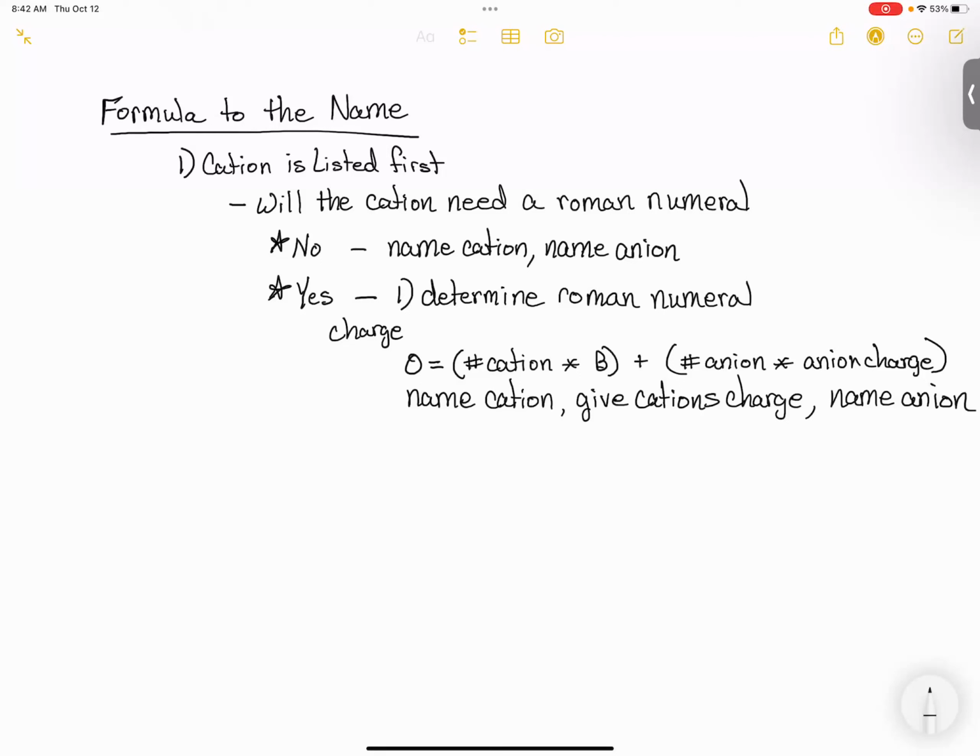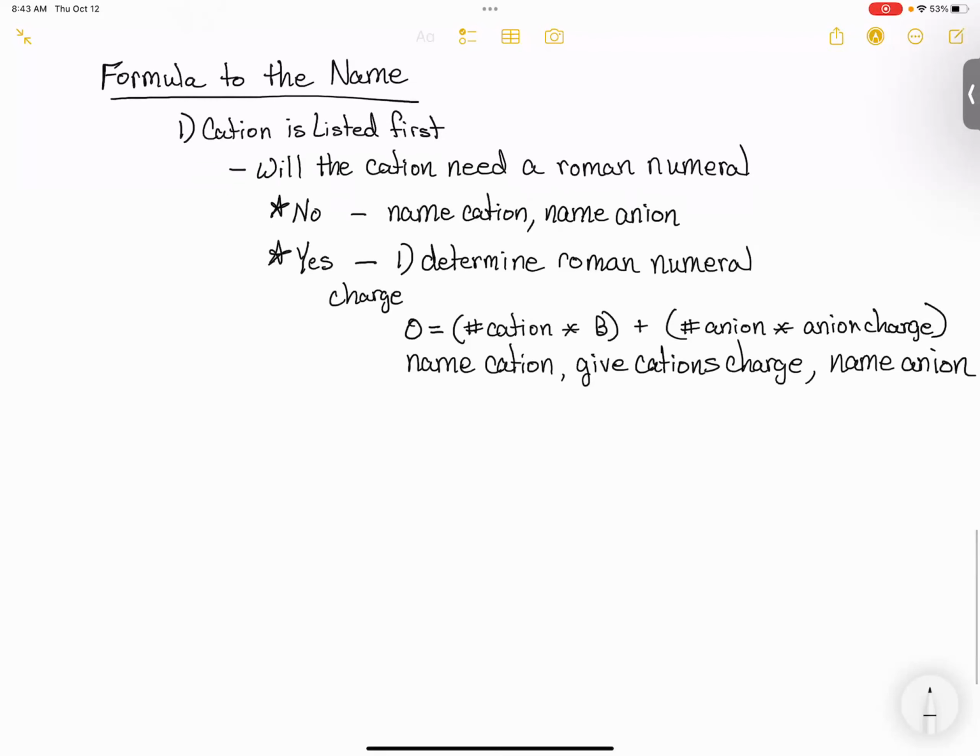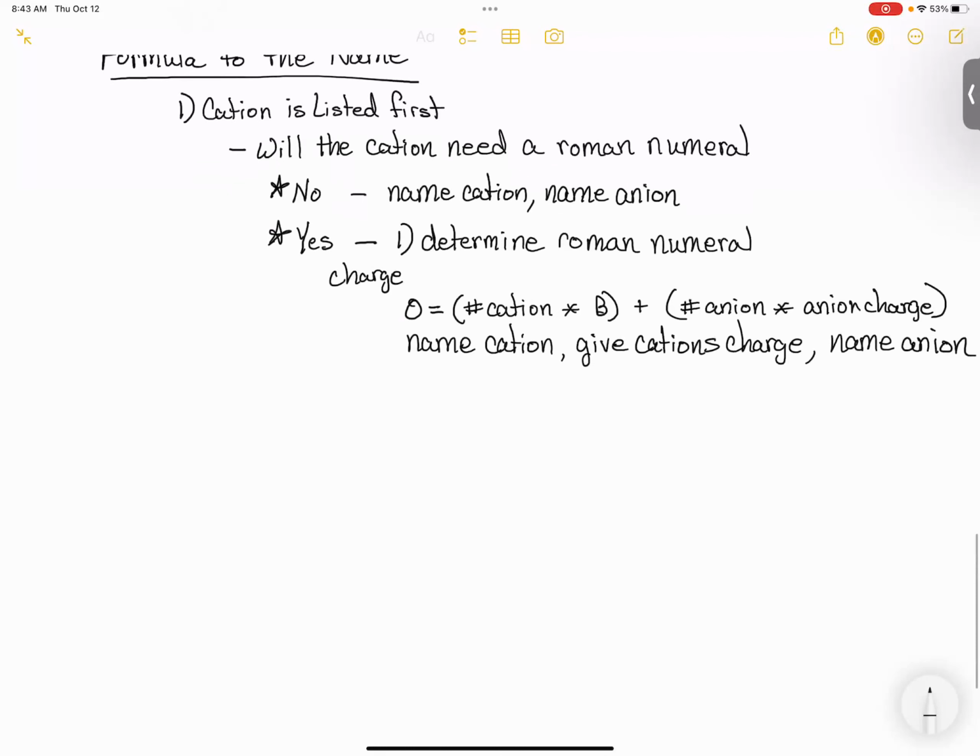I just chose B because it's a little more obvious. So that is getting from the formula to the name. So let's look at an example or two. Let's go with something straightforward.